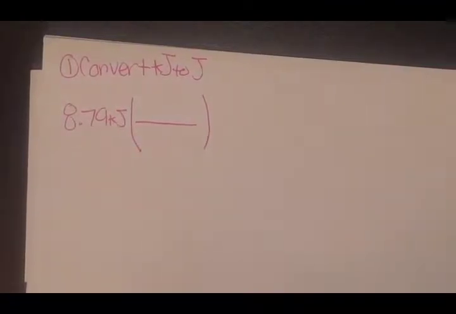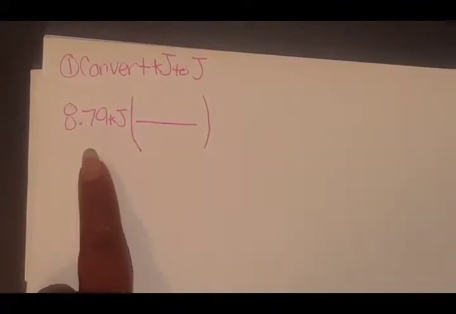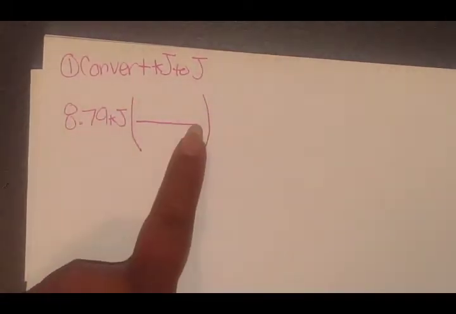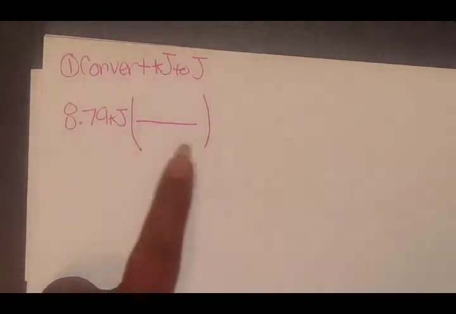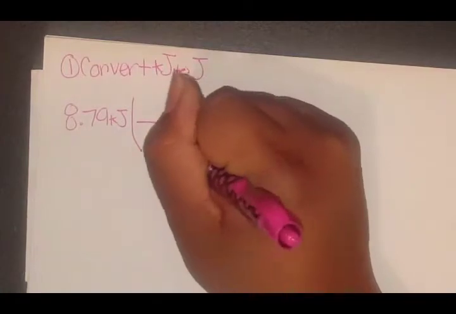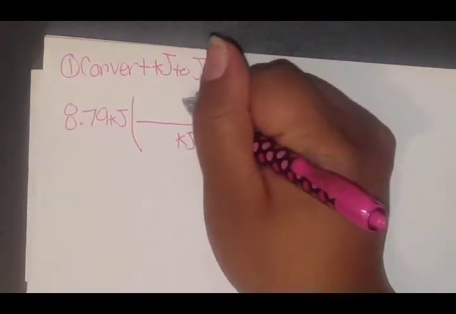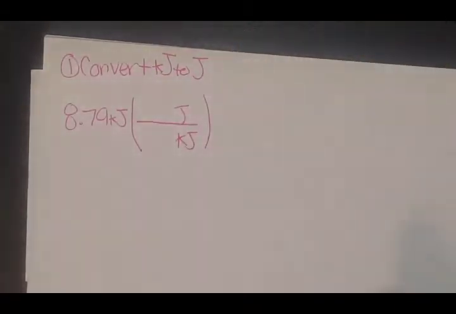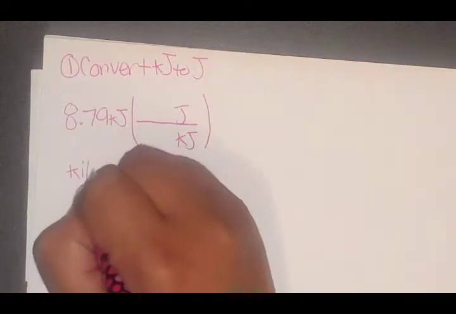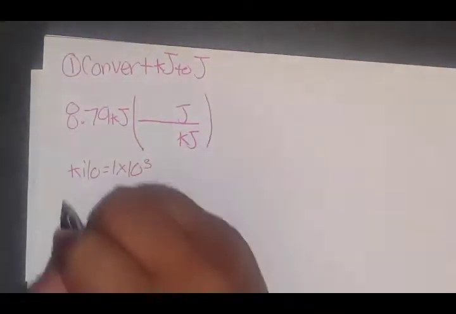To convert the kilojoules to joules, we are going to write out our conversion factor. We're converting to joules, so we want to make sure that the kilojoules cancel out. So we're going to write down the kilojoules on the bottom and the joules on the very top. We should know that the prefix kilo stands for 1 times 10 to the third.